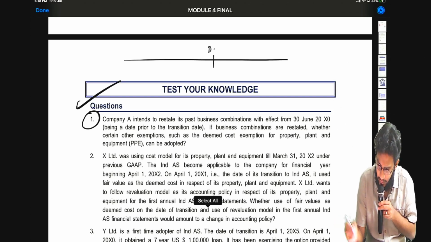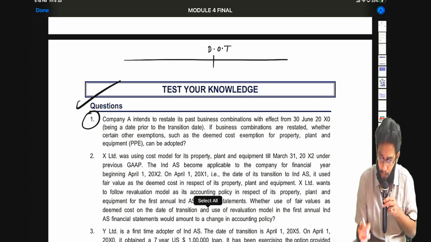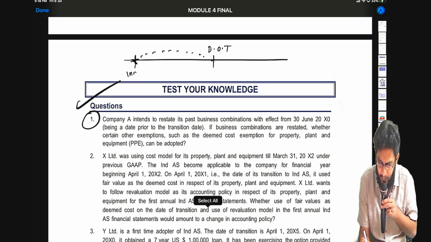Suppose this is your date of transition, okay? Suppose from some day previous here onwards, you want to restate your business combination. So Ind AS 103, from this date onwards, retrospectively, you want to apply.